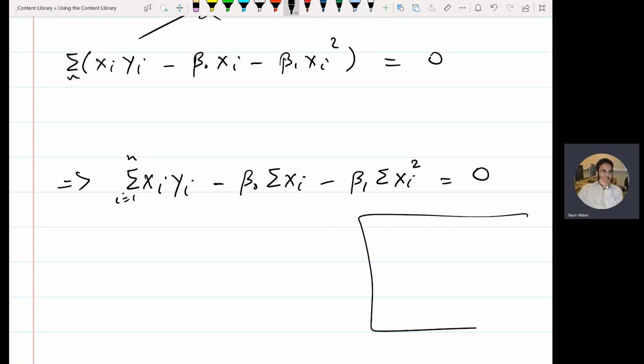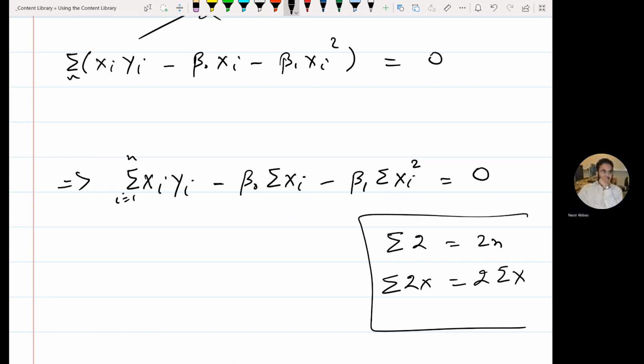Here again, I give you the reference. The summation of 2 is 2n, but the summation of 2x is 2 times summation of x. So this one is not a complete constant. This is called your second normal equation.